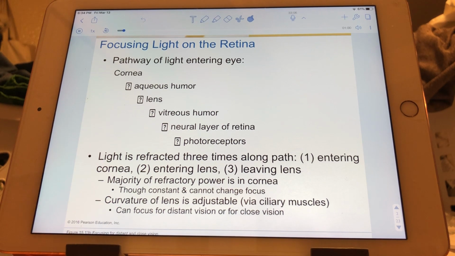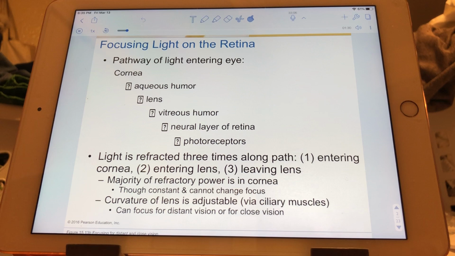And along that pathway, light gets bent or refracted 3 times. Upon entering the cornea, upon entering the lens, and upon leaving the lens. And most of that bending actually occurs upon entering the cornea, and that's not adjustable. We don't change the thickness or the shape of the cornea.